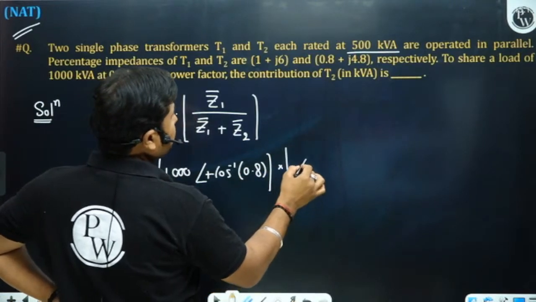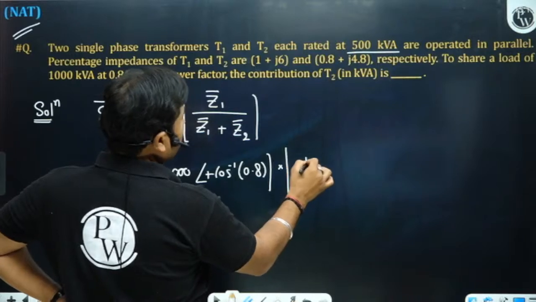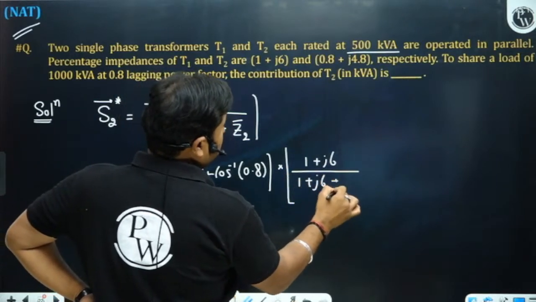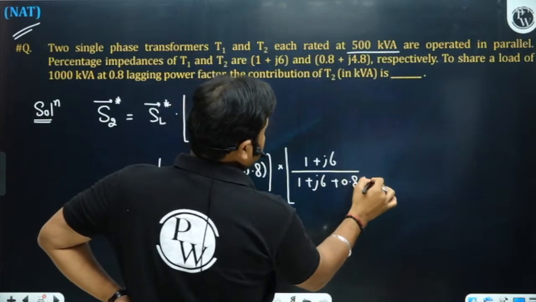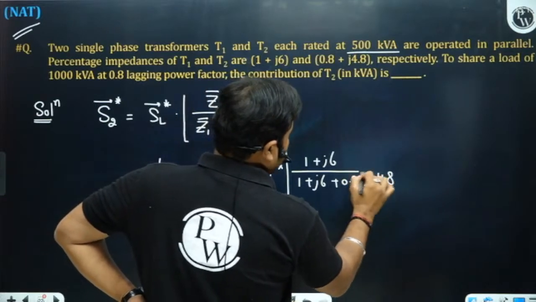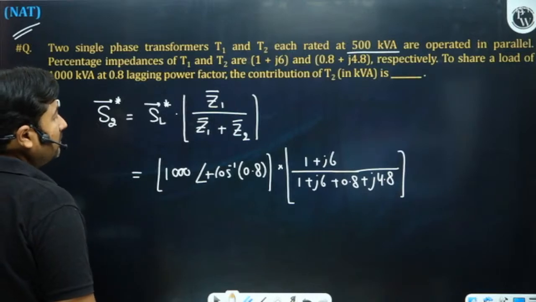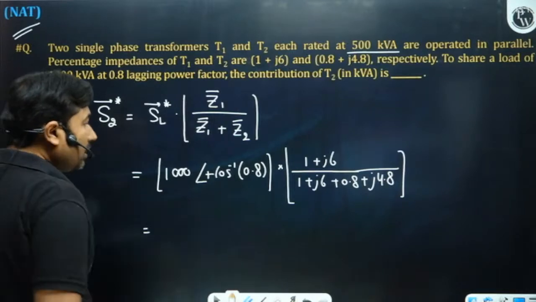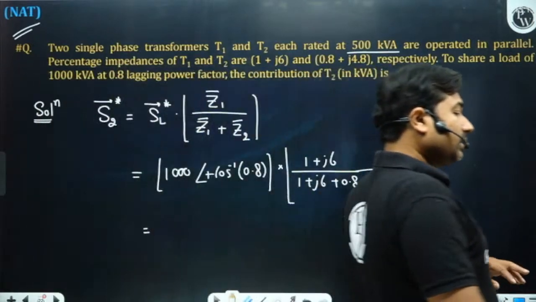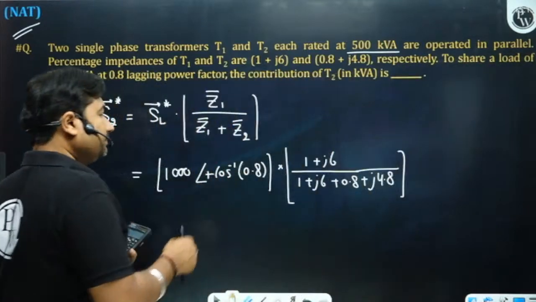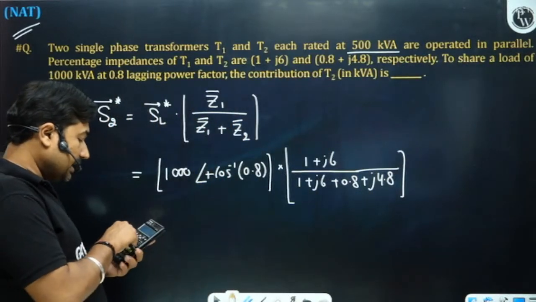What is Z1? 1 plus j6 upon 1 plus j6 plus 0.8 plus j4.8. You can calculate by resolving into real and imaginary parts on your GATE calculator.